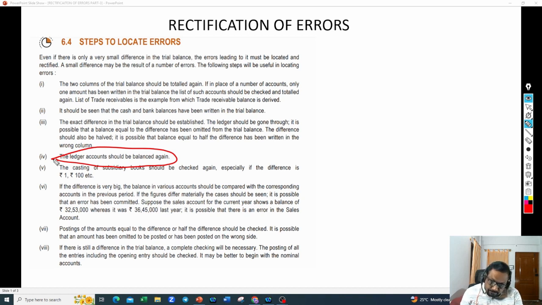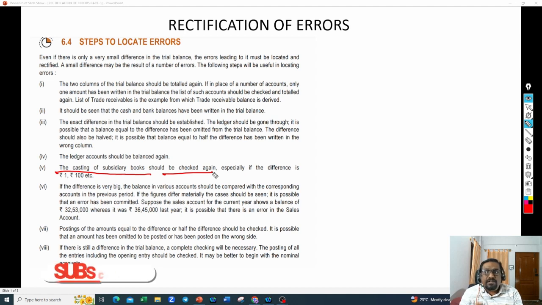Next, the casting of subsidiary books should be checked again. In case you are following subsidiary books, casting of the subsidiary book. Casting is nothing but totaling. Totaling of all subsidiary books, you need to go and check whether any total mistake has happened. Why do I need to check totals? The same totals will get posted to the ledger. If an incorrect totaling is done in a subsidiary book, the same incorrect amount will get posted to the ledger.